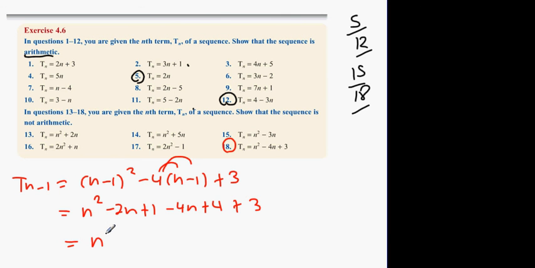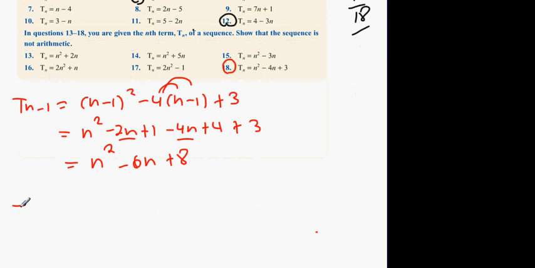Then we're going to get n squared minus 6n plus 8. Next we have to prove that Tn minus T of n minus 1 is not a constant. So what we're going to get is n squared minus 4n plus 3 minus bracket n squared minus 6n plus 8.